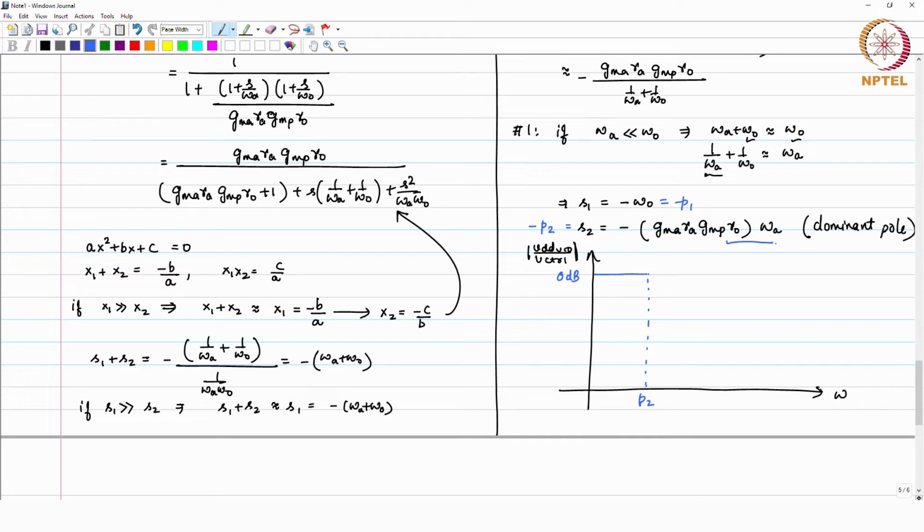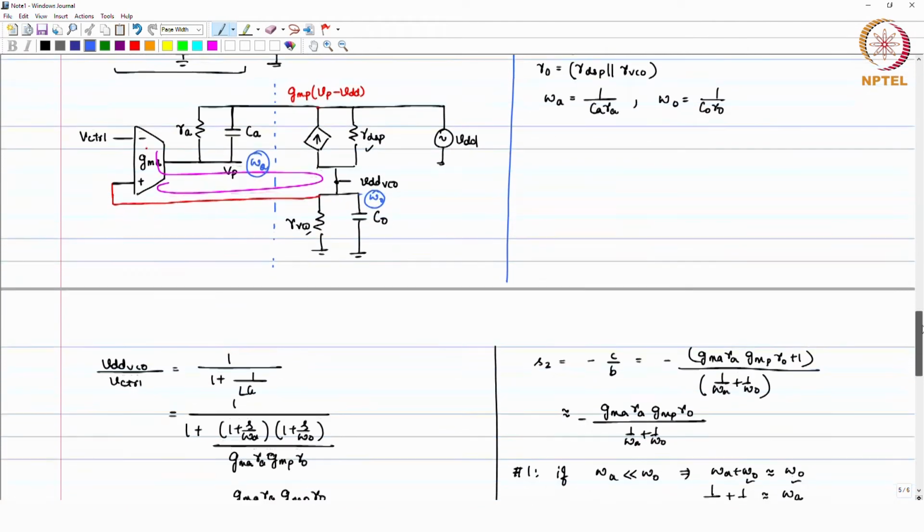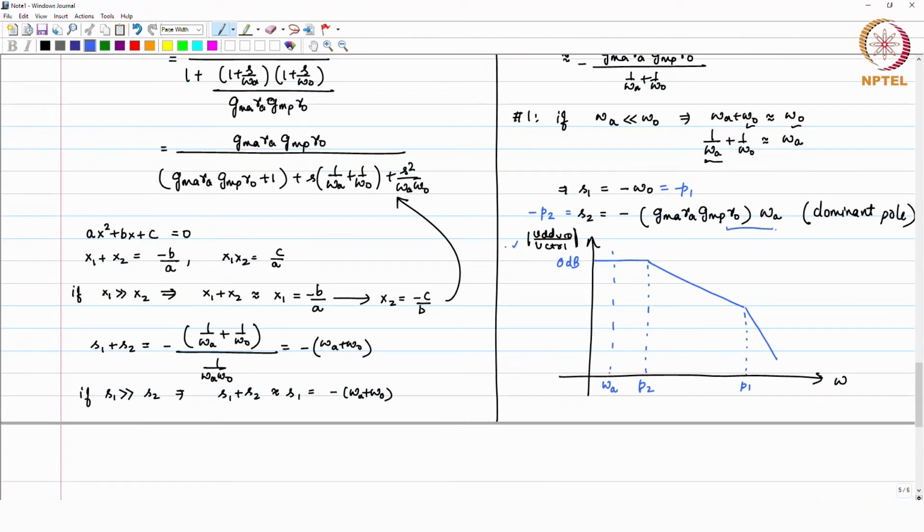Okay, so you get this P2, and after the P2 you will have omega O or P1, and then you have minus 40 dB per decade, and your omega A is much lesser than that. So, when you are using this particular amplifier in feedback, your transfer function from V control to VDD VCO is shown here, and that has an effective bandwidth.